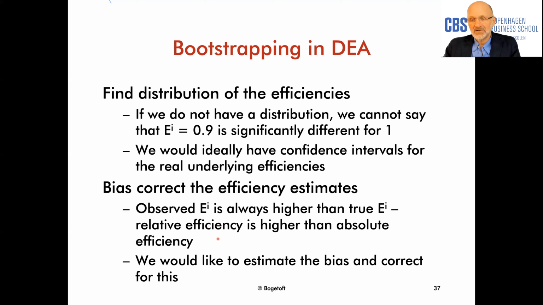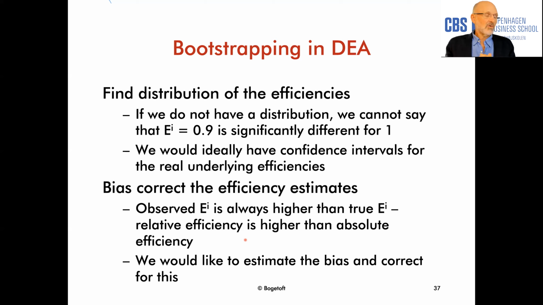We are particularly interested in that because for some of the firms there might be a large bias, since they are in a not very densely populated part of the production space, and in others the bias is much smaller.